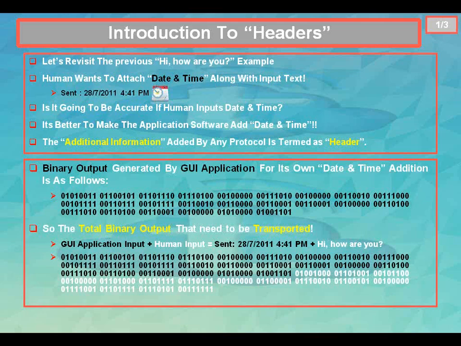Actually, the header attached by the application is 20 bytes, but the receiver only converted 19 bytes into date and time, and 1 byte was added to the human input. Now the human input is not accurate. Along with "hi, how are you", one additional byte will be there, understood as human input. That is wrong. The receiving human will say, what is this nonsense?